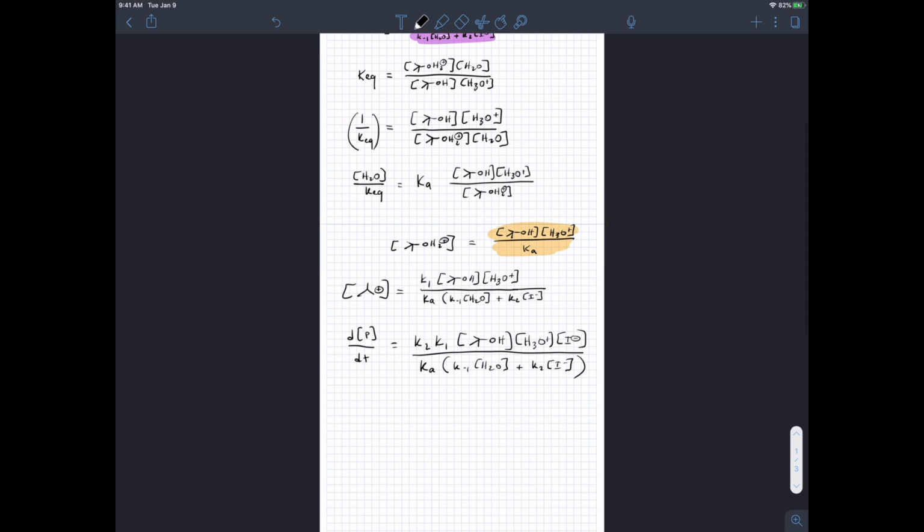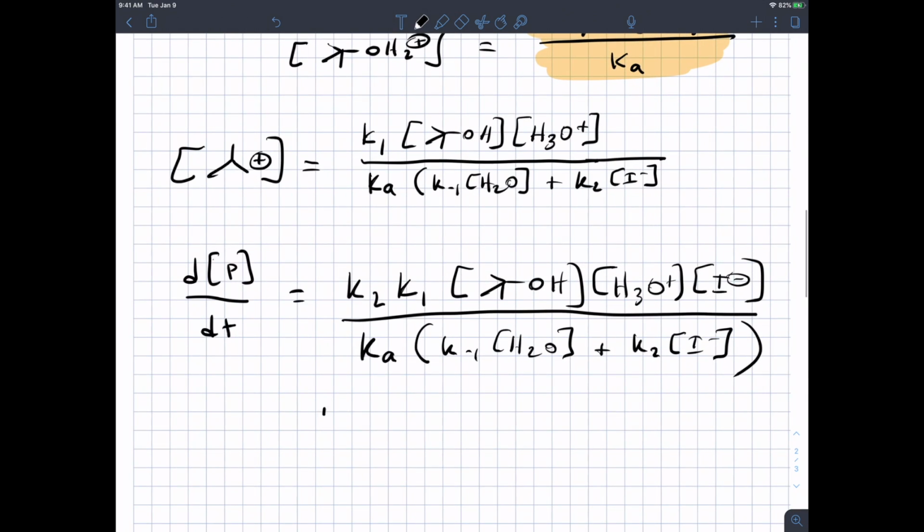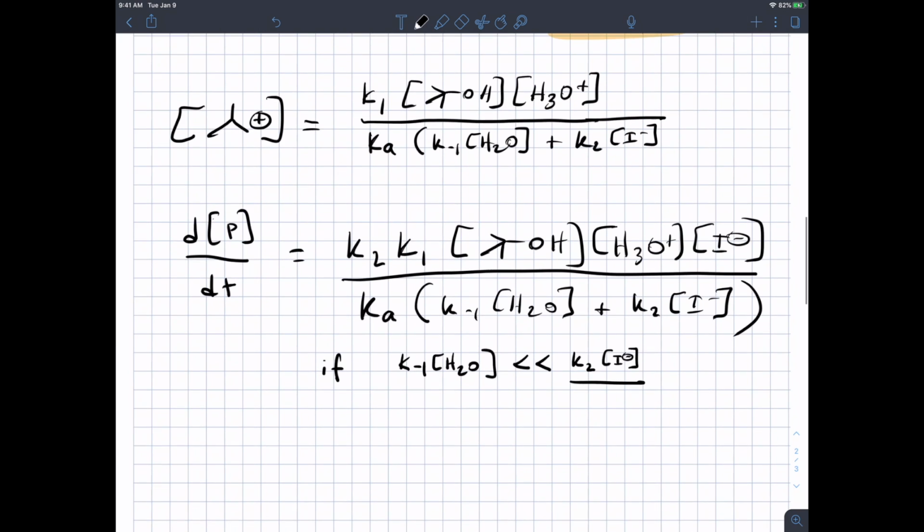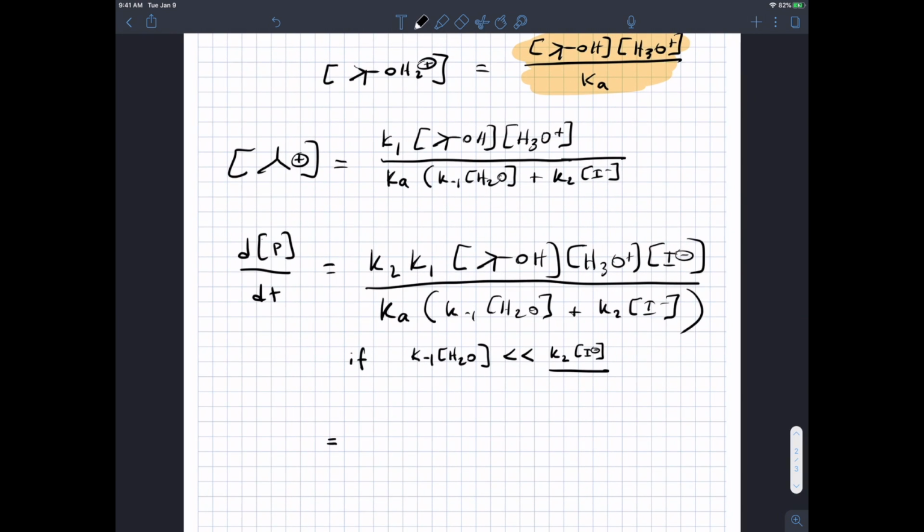What is going to happen to our expression if, for example, K minus 1 times water, either because of the rate constant or the amount of water present, is really low relative to K2 times the concentration of iodide? What if this term swamps out that one? What'll that do to the denominator?